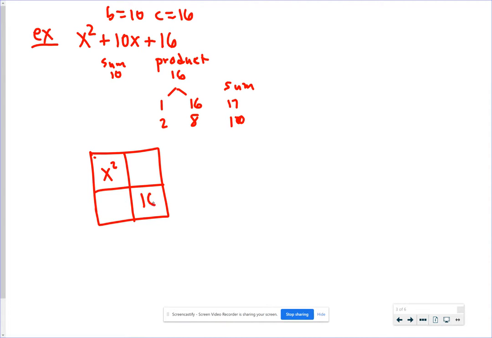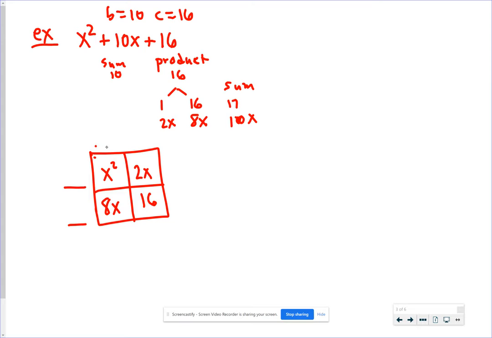The 16 goes in the last box. And the 10x that's in the middle, I can write as 2x plus 8x. The 2x and the 8x get to fill the other squares in my table. 2x plus 8x is 10x. So we split the 10x up into two pieces so that we can do the factoring.